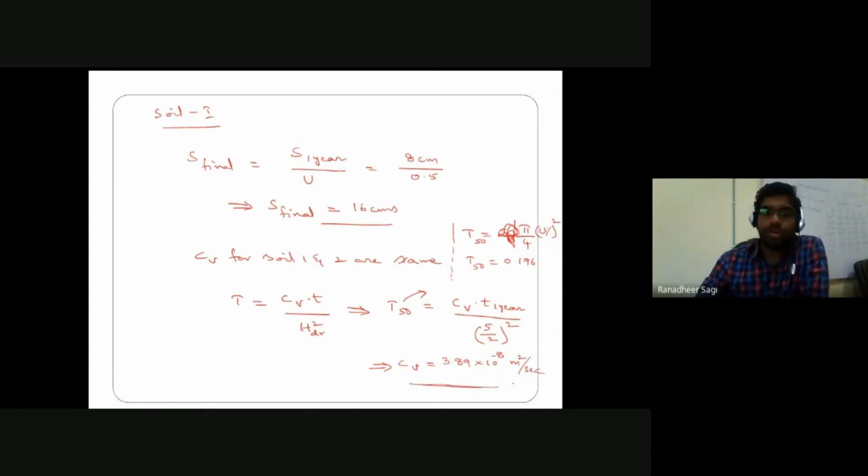Now let's move ahead to soil 2. Regarding soil 2, what is asked for me to calculate? How much is the settlement that my soil is going to have after 1 year and after 4 years? These values are to be calculated.